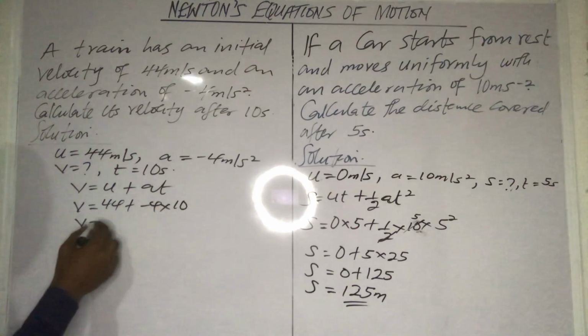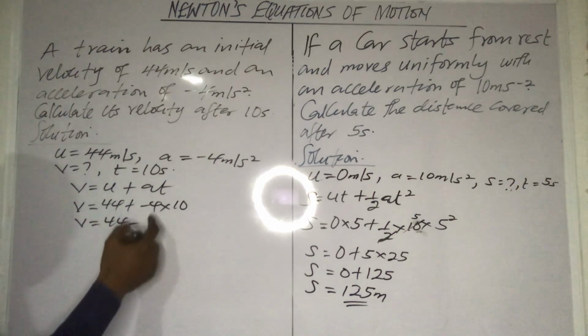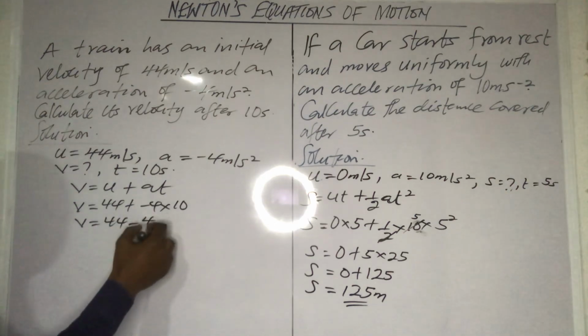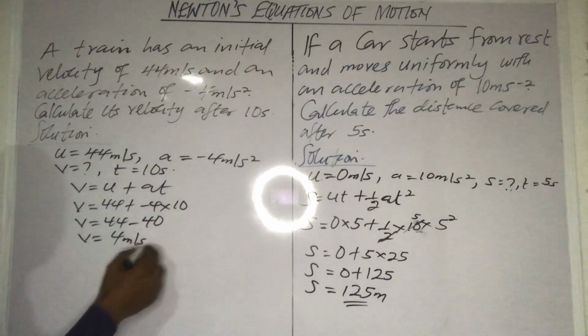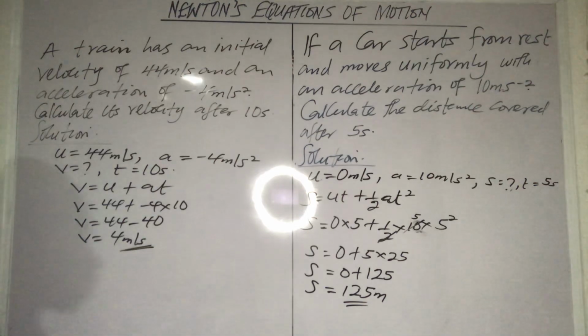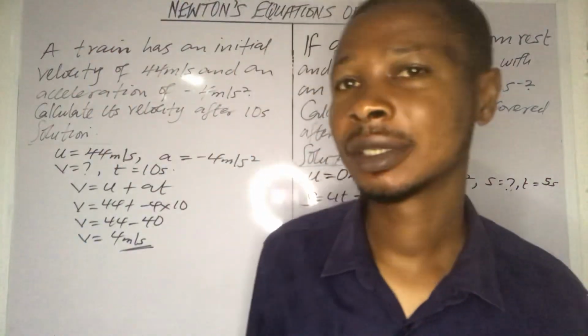So I have v is equal to 44, plus times minus is minus, then 4 times 10 is 40. So if I subtract this from this, I have v is equal to 4 meter per second. So my final velocity in this case is 4 meter per second.